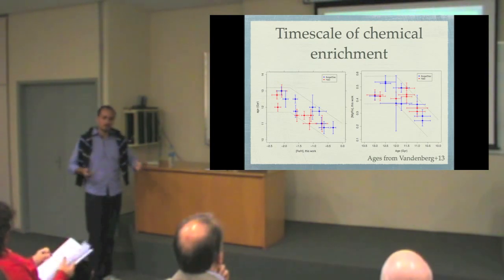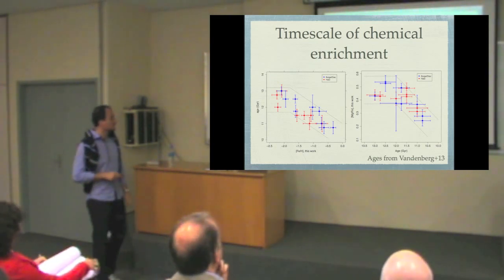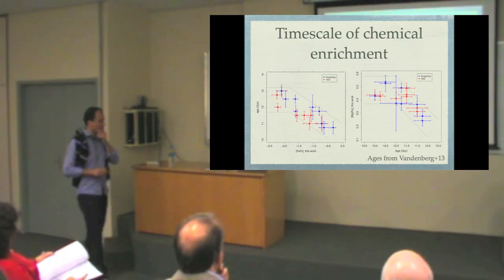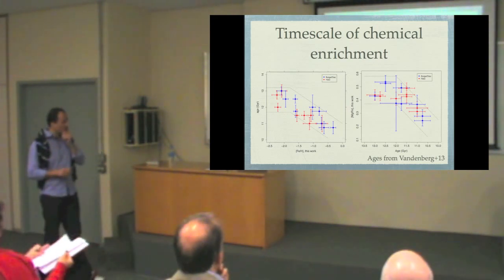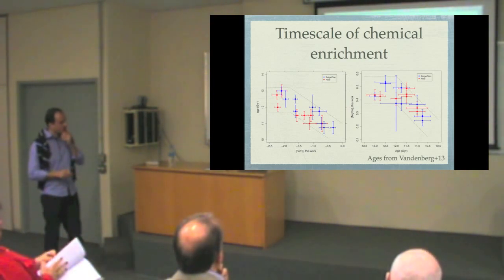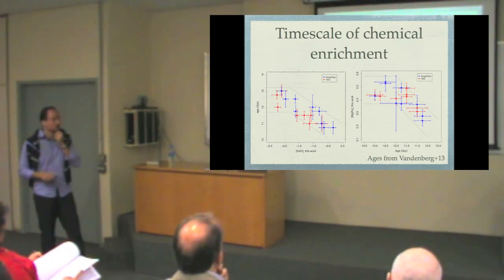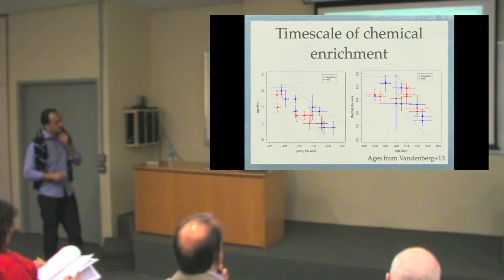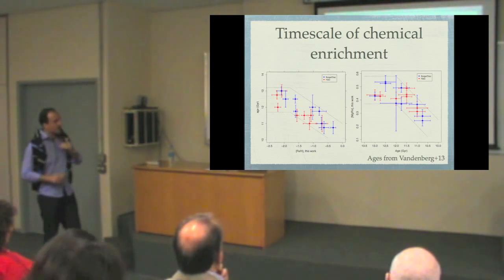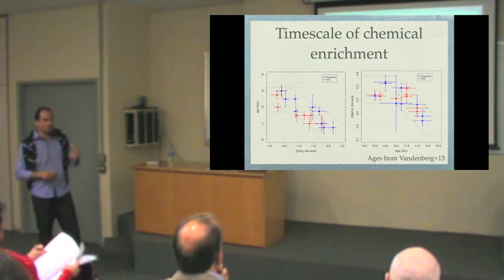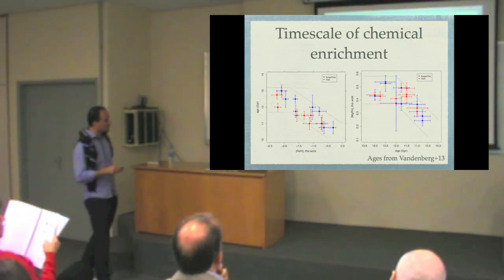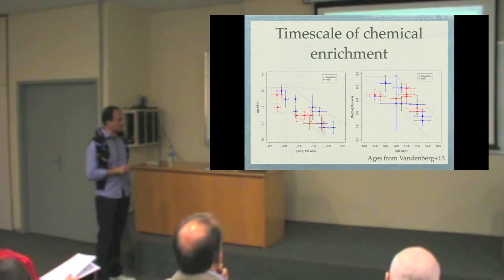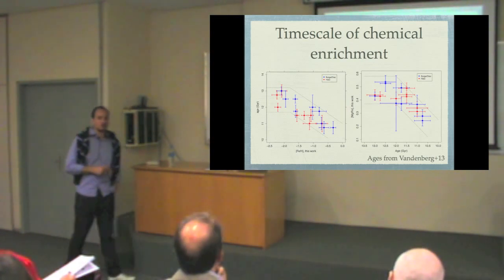So this is important to constrain some models of chemical enrichment of the galaxy, because this time scale can vary a lot between different galaxies. Another interesting thing here is that the blue points are bulge and disk clusters, and the red points are halo clusters. It seems that the blue points are more metal-rich than the red points. What this indicates is that for a given age, bulge and disk clusters are more metal-rich than halo clusters.